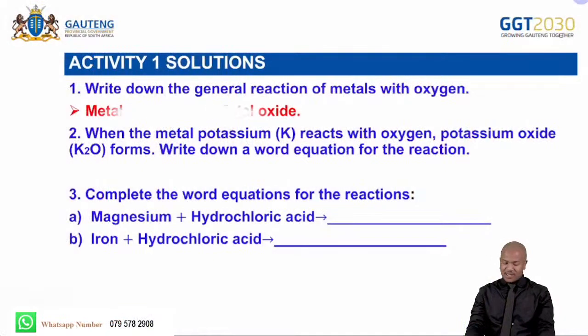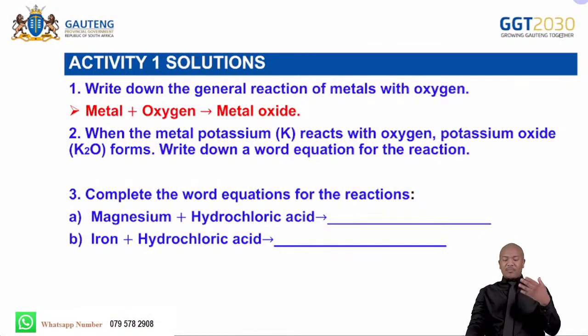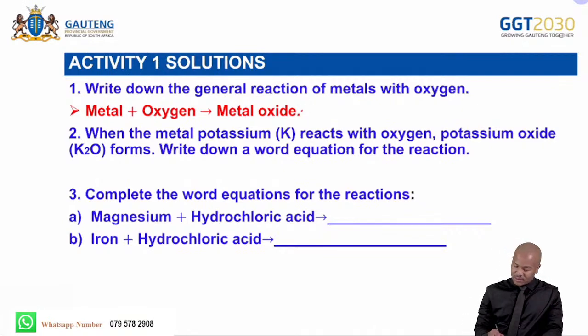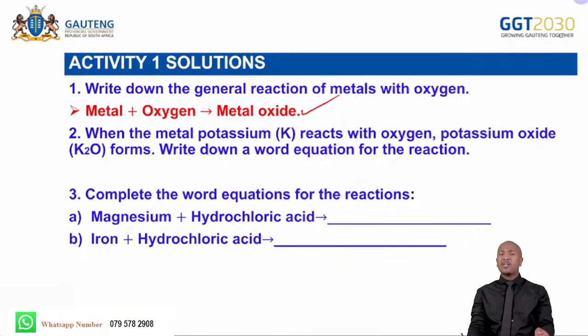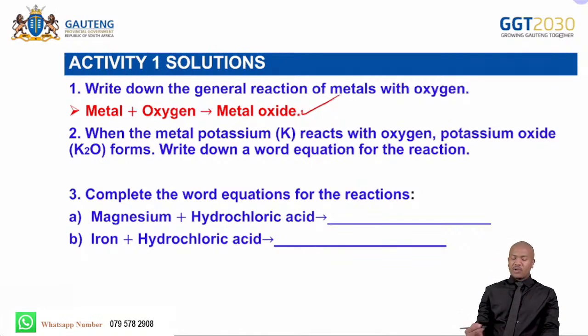Now, I hope you were able to answer the questions. Let's look at the solutions. Number one, you had to write down the general reaction of metals with oxygen. And the answer is metal plus oxygen forming a metal oxide. Number two, when the metal potassium reacts with oxygen, potassium oxide forms. Write down a word equation for the above reaction.